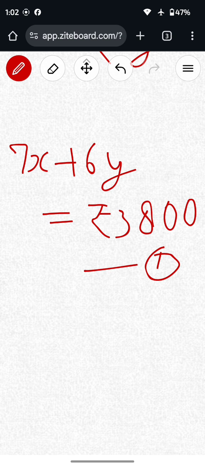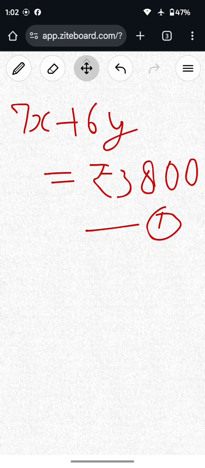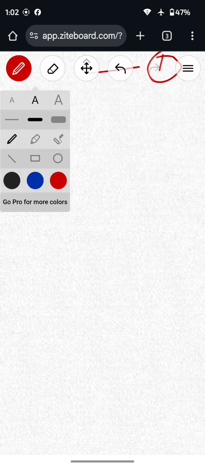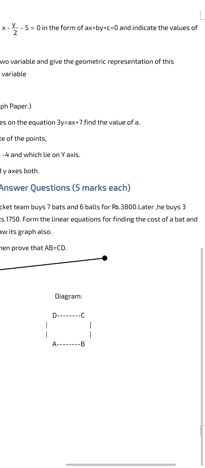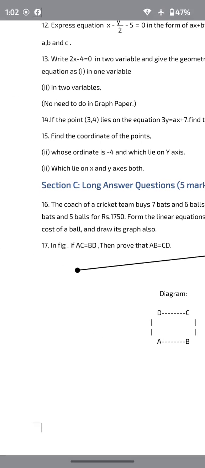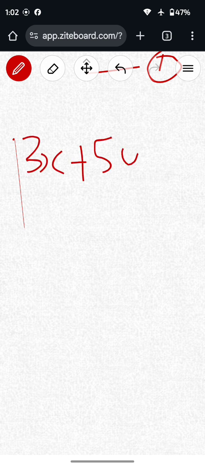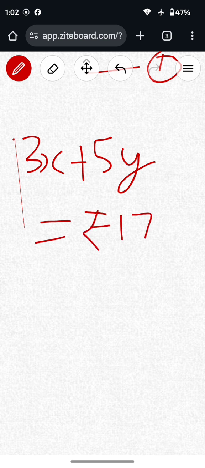Similarly, the second condition will be, as he buys 3 bats and 5 balls. So cost of 3 bats will be 3x and cost of 5 balls will be 5y, which total cost rupees 1750.